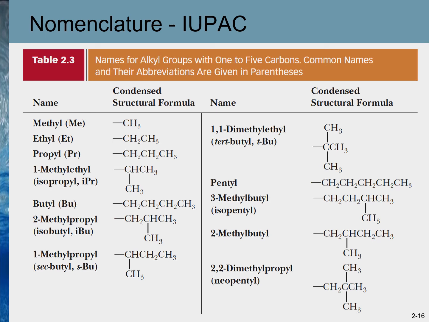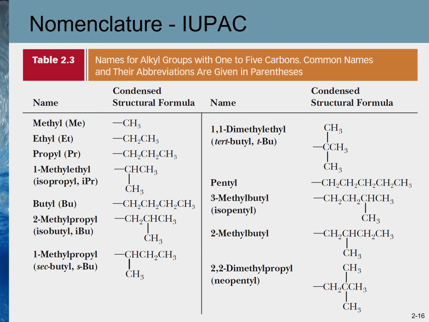And in fact, these common names are accepted in writing the IUPAC name of an alkane. And in many cases, common names are used more often than the IUPAC name.